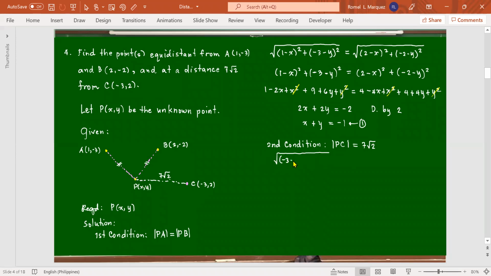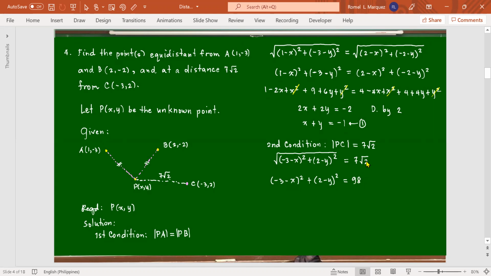That is square root of negative 3 minus x quantity squared plus positive 2 minus y quantity squared equals 7 square root of 2. Squaring its side, so we have negative 3 minus x quantity squared, so no more radical, no? 2 minus y quantity squared is equal to 49 times 2, that is 98.